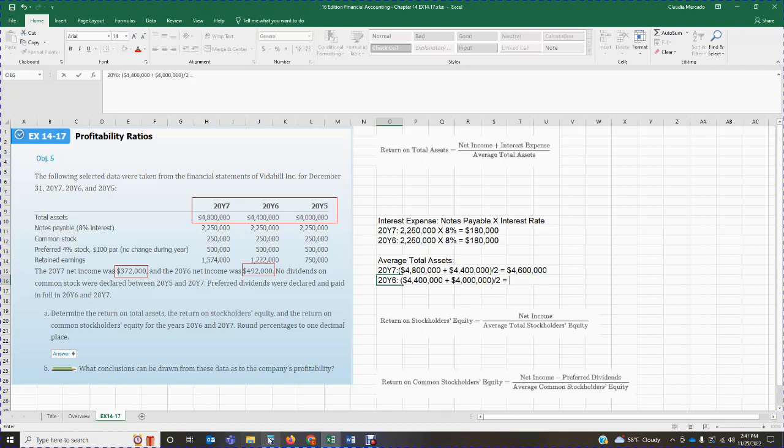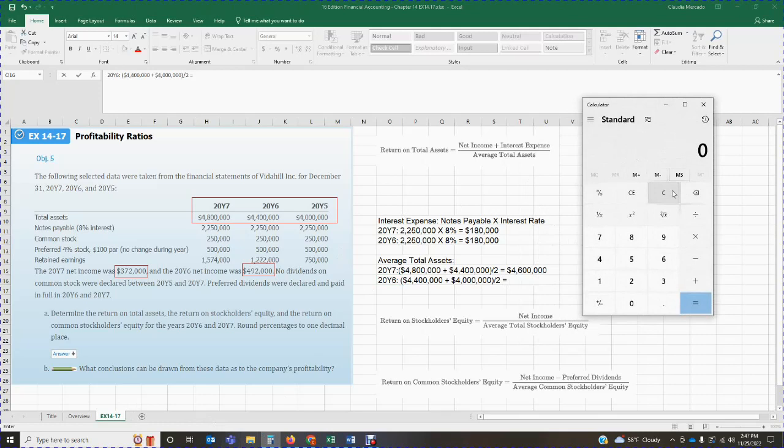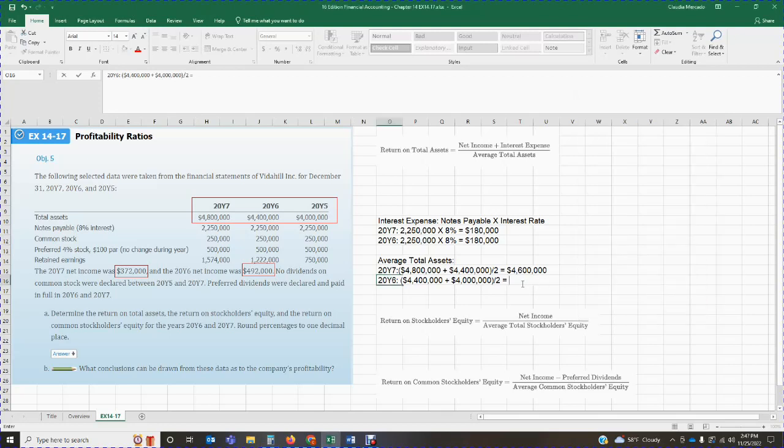Let's see what that gives us: 4,400,000 plus 4 million divided by 2. That's going to give me $4,200,000. That is the average for 20Y6.